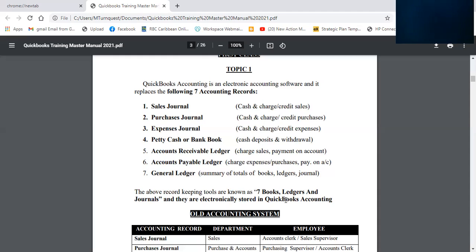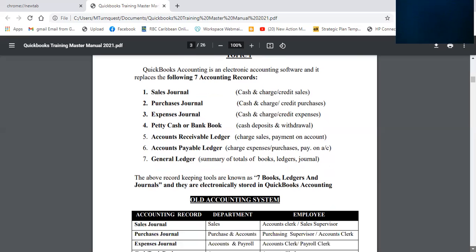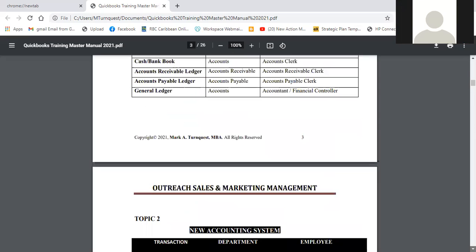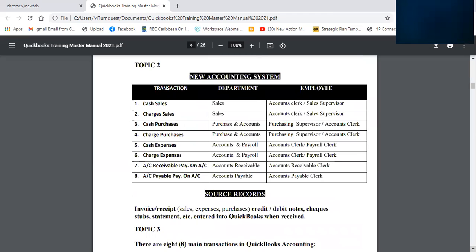But now QuickBooks does all of that simultaneously. All of it. So you don't do anything, and I made it even easier over the years by dealing with the eight transactions of QuickBooks.